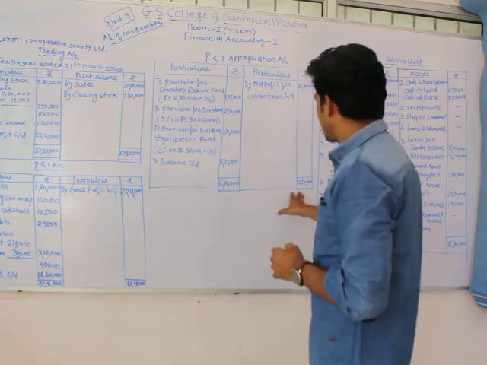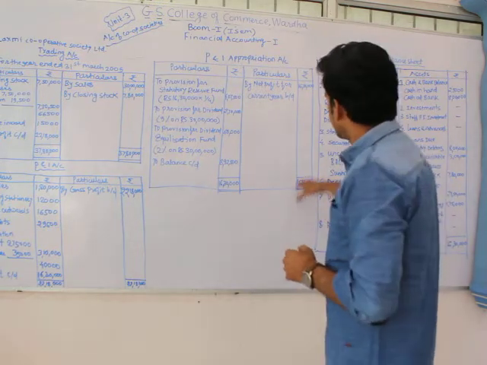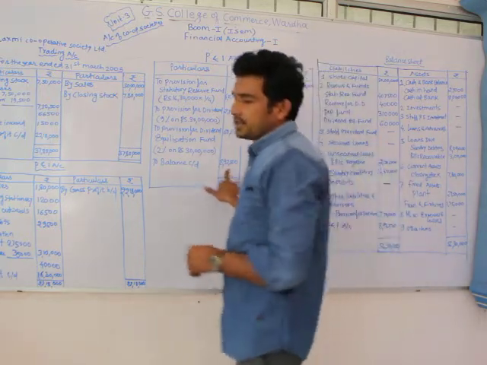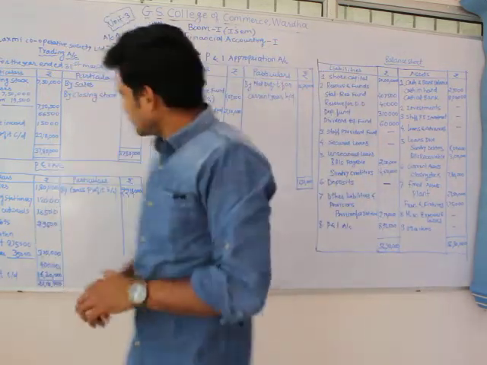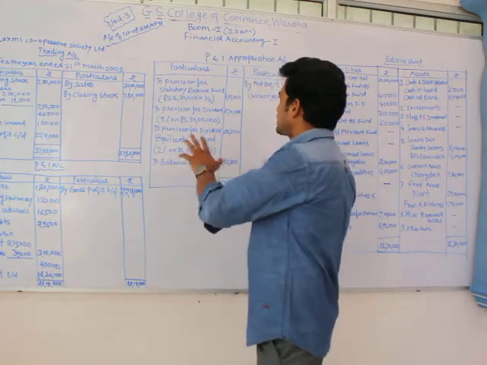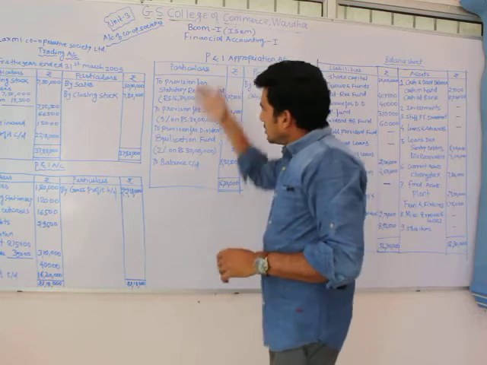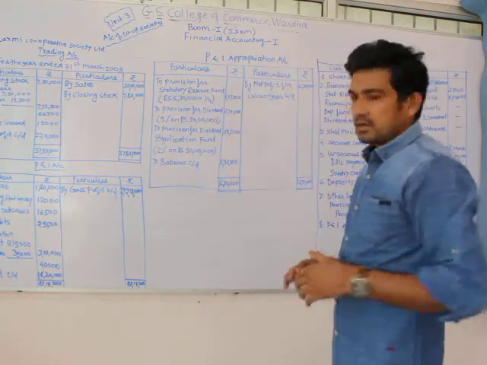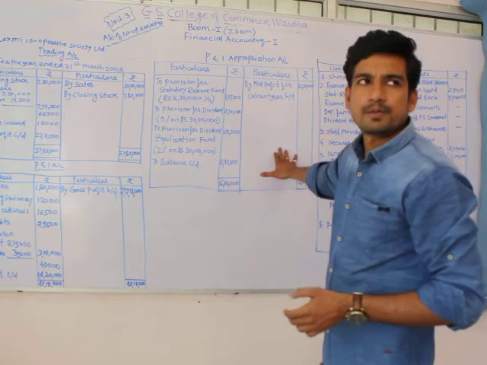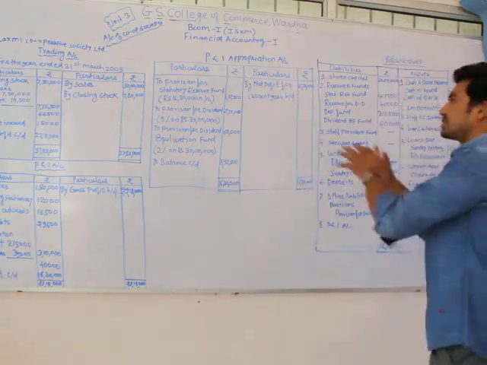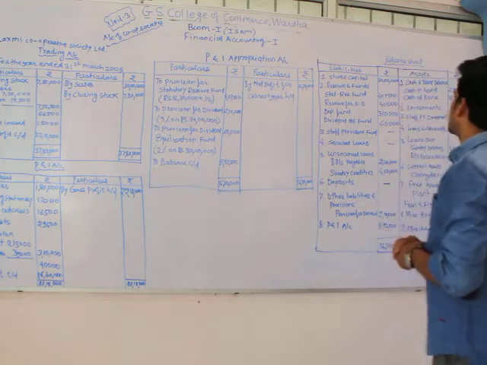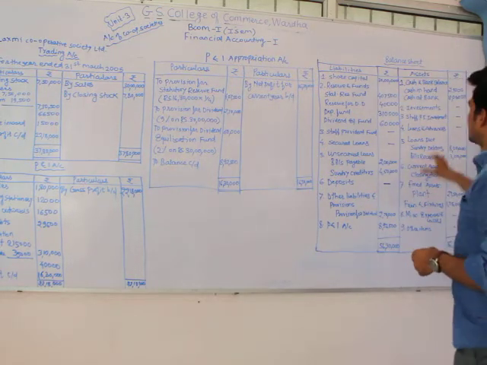These two sides get balanced at 60,30,000 and the difference is 8,92,500. So 8,92,500 is the difference between these two sides, after deducting all those statutory provisions from this net profit. So this is the third account that we prepared here, profit and loss appropriation account, and at the end we have to prepare a balance sheet.